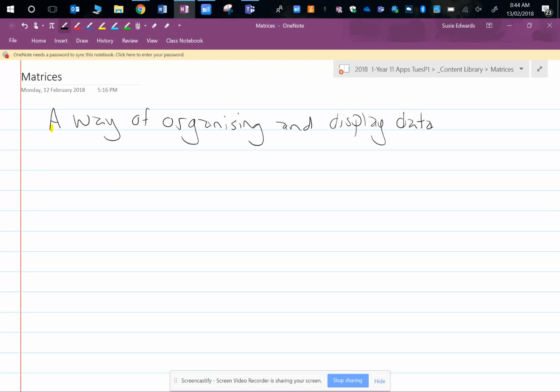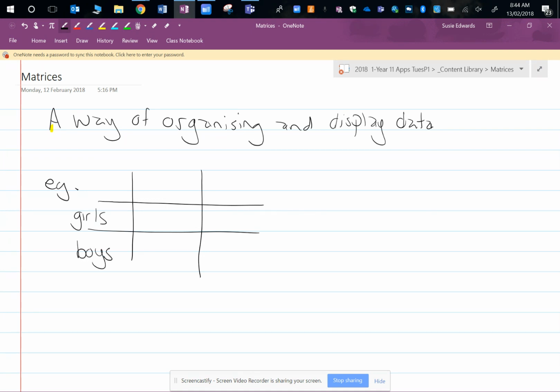So you might get given a table which says, for different teams or something like that, e.g., girls, boys, wins, losses, and some numbers. Okay, that's a table. It's not a matrix, it's a table, okay?